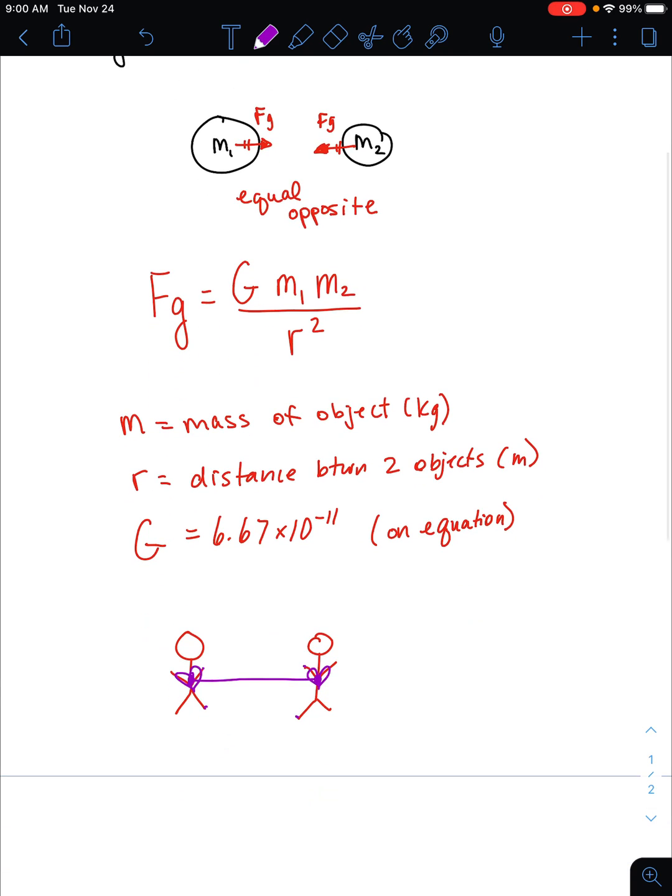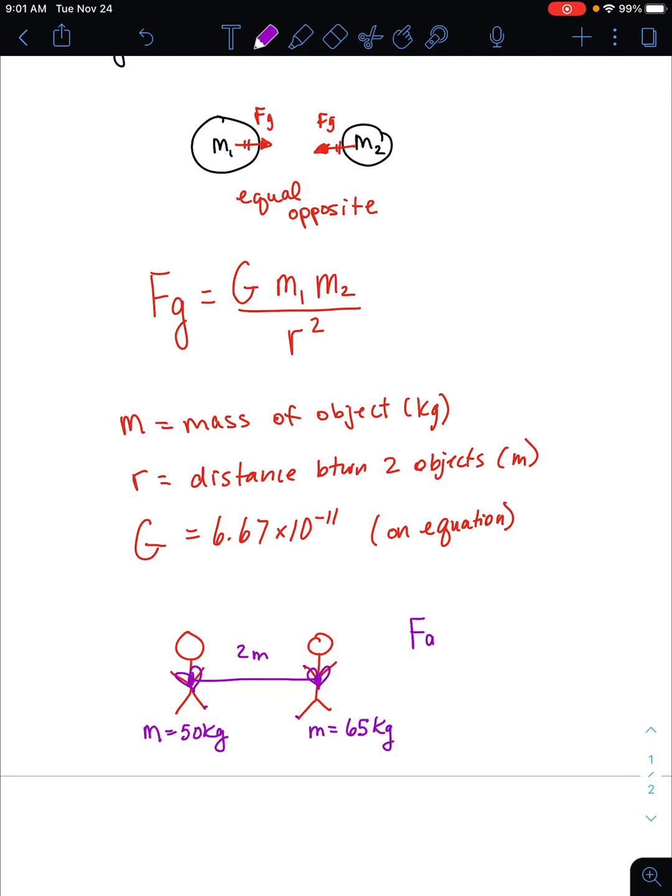And so we could say that one person has a mass of 50 kilograms and the other person has a mass of 65 kilograms. And maybe that we are going to be 2 meters apart from each other. Let's solve for that force of gravity acting on us.